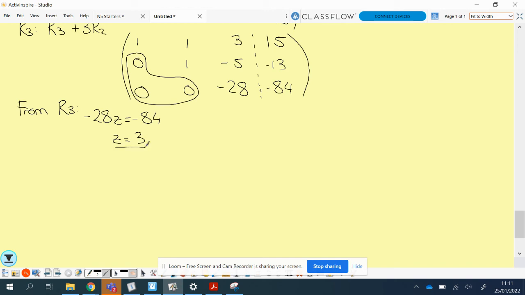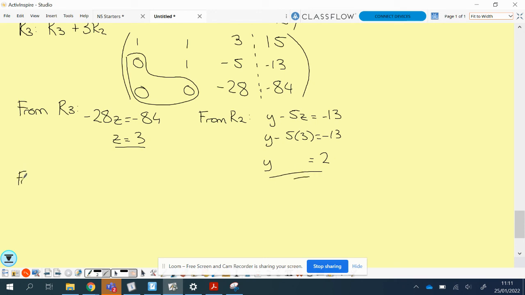From row 2, we've got y minus 5z equals minus 13. So that's y take away 5 lots of 3 equals negative 13. Solving that, y would equal 2. So y is 2.